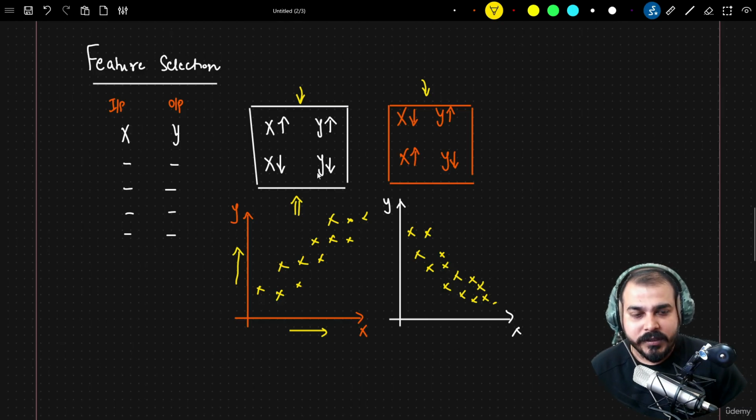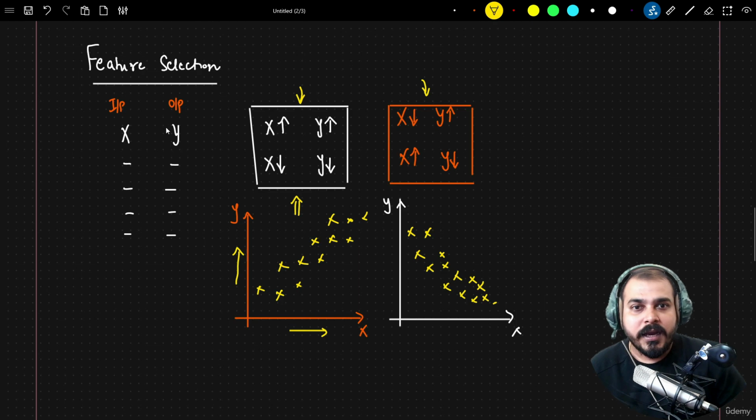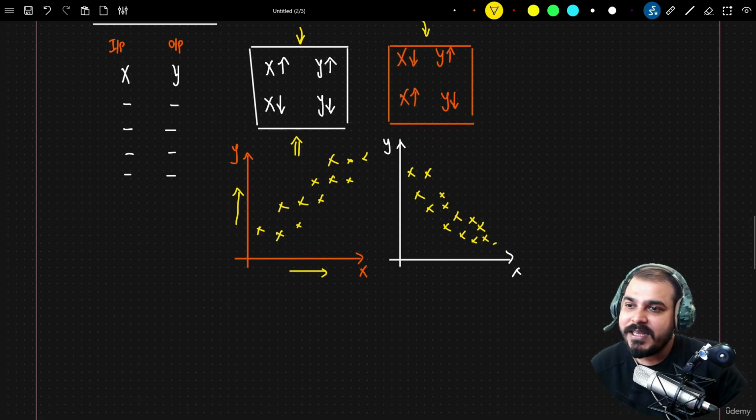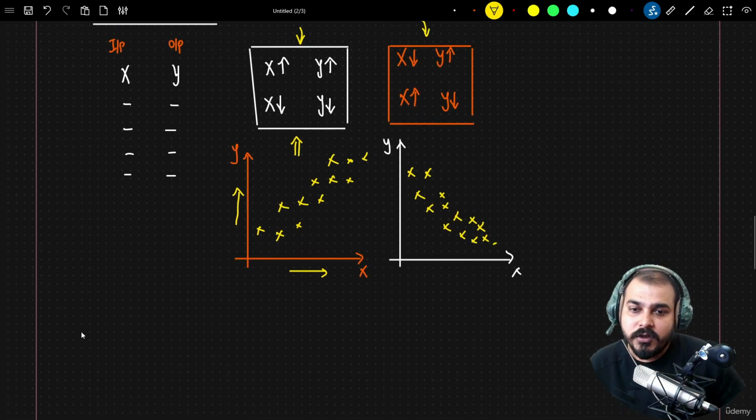Obviously, when you have this kind of linear relationship, the X value will be very helpful in finding out the Y output. And mathematically, we can also find a way to quantify this relationship. The technique that we specifically use is called covariance.